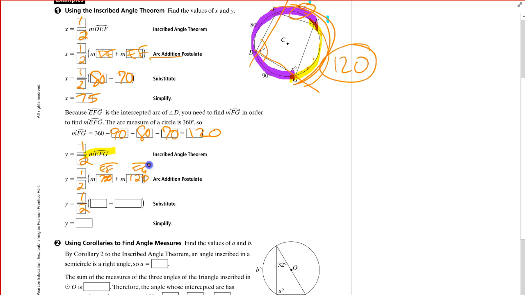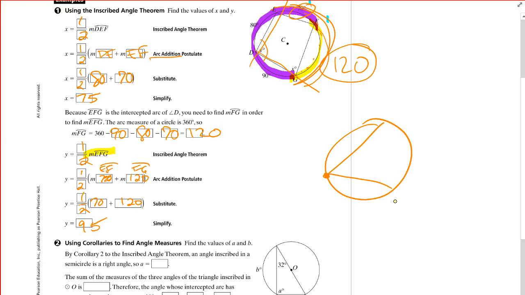And so here we substitute 120. And now what's half of 70 plus 120? Well, 70 plus 120 is 190. Half of that is 95. And that's how we can work our way around a circle thinking about the inscribed angles.